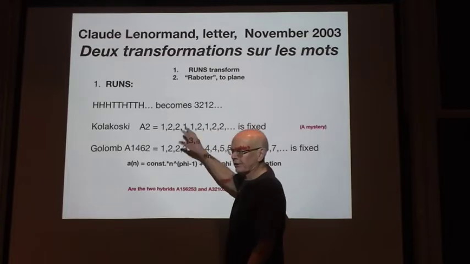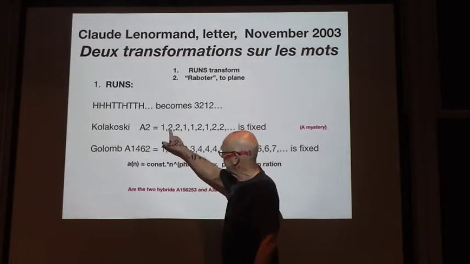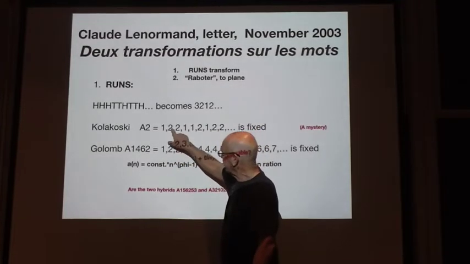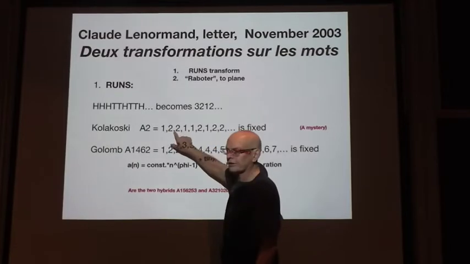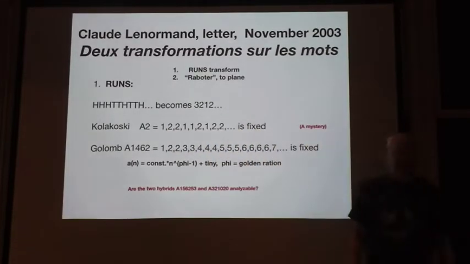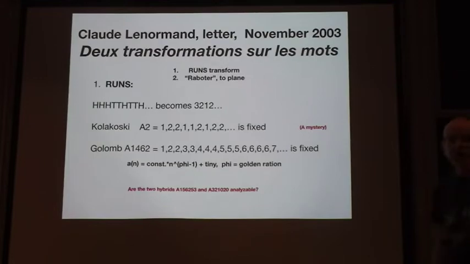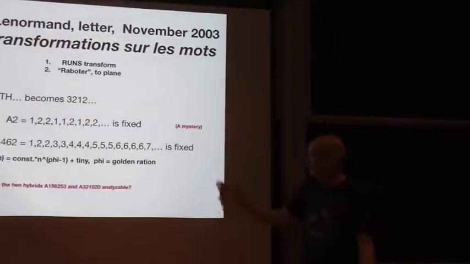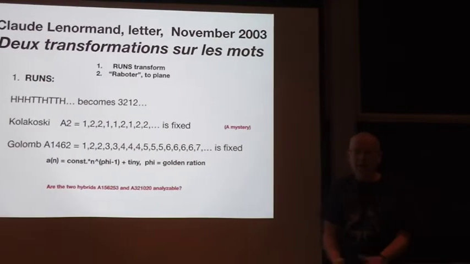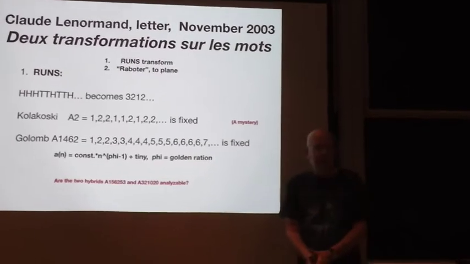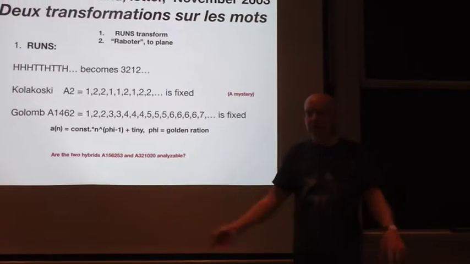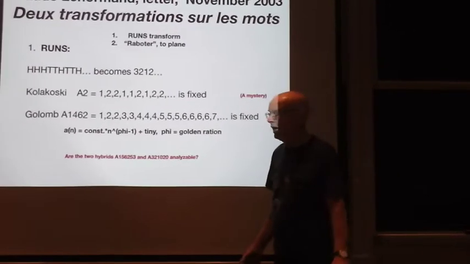And we're only using 1s and 2s in this alphabet. So the next term has to be a 2. And what's more, because it's a 2, there have to be 2 2s, and so on. So that's Kolakowski's sequence. It's sequence A2 in the OEIS. And there's a famous unsolved question about the relative density of 1s and 2s. It's an open question to prove that 1s and 2s are equally dense.